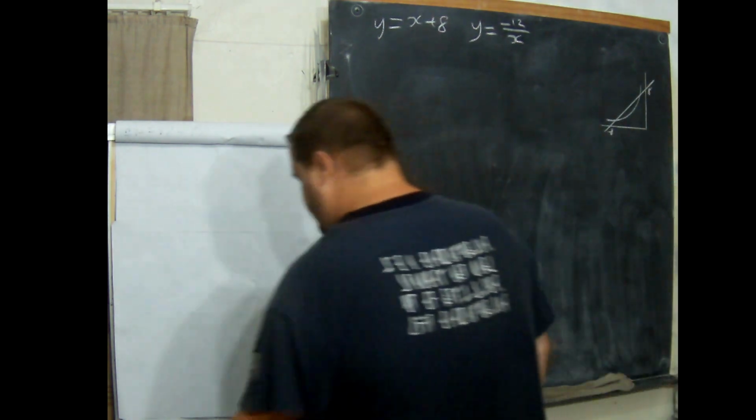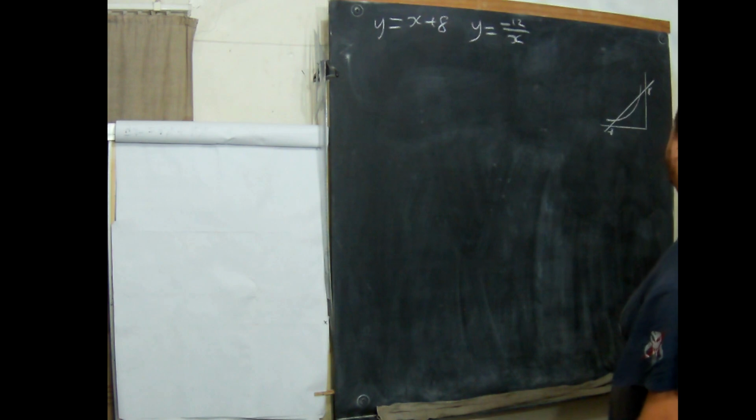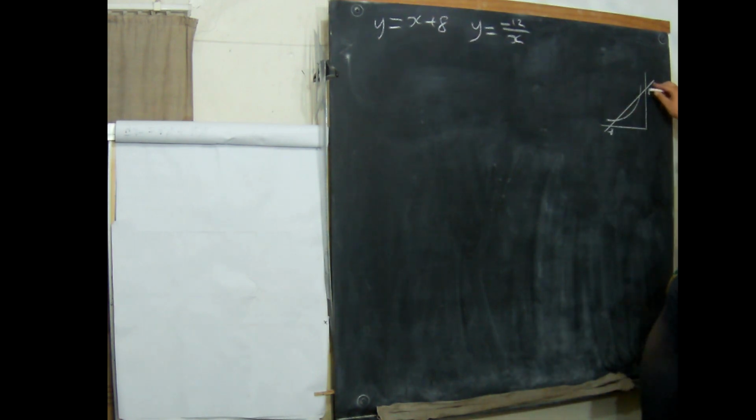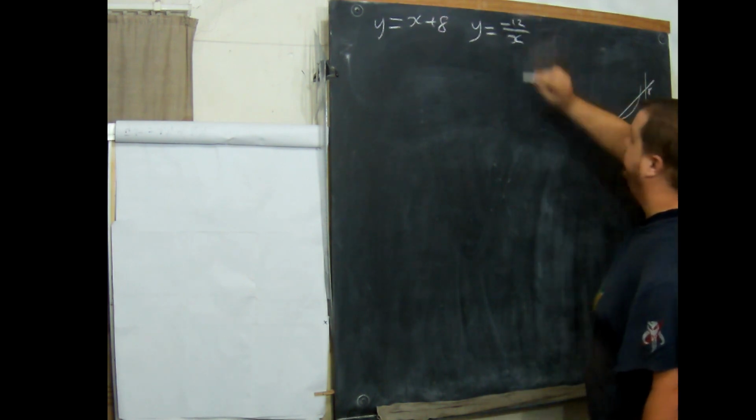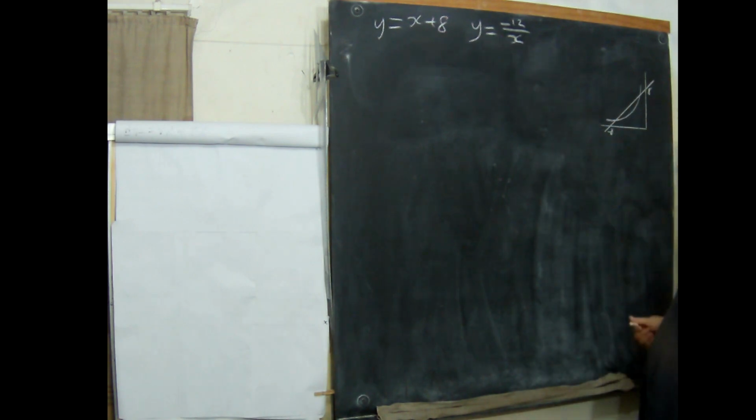This hyperbola is your minus 12 over x, and your straight line is your x plus 8, because your y-intercept is at 8.